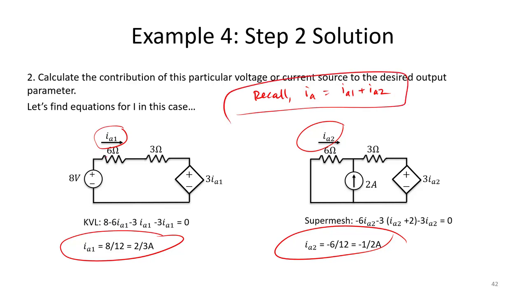So now that we know IA1 and IA2, we can determine that IA is equal to, in this case, 2/3 amps plus negative 1/2 amps. If we math that out, that's going to give us a total of 1/6 amps for IA total, with both sources combined.